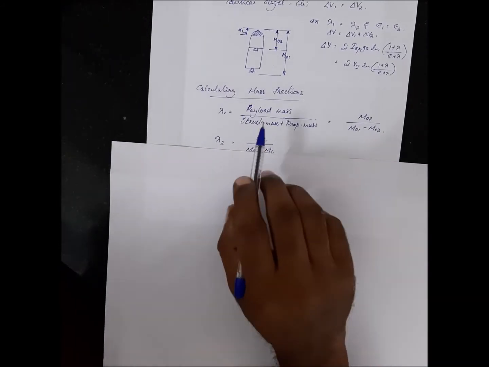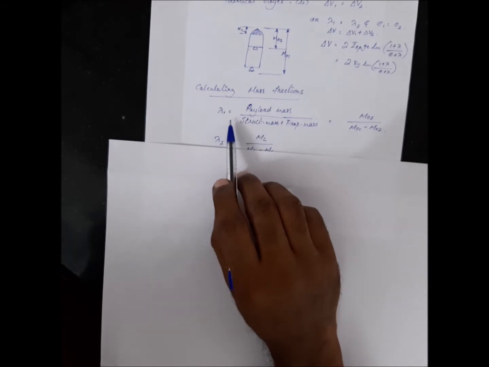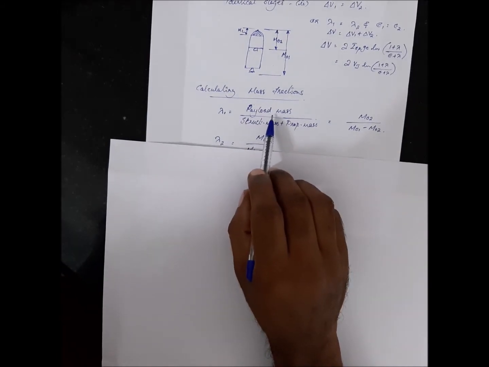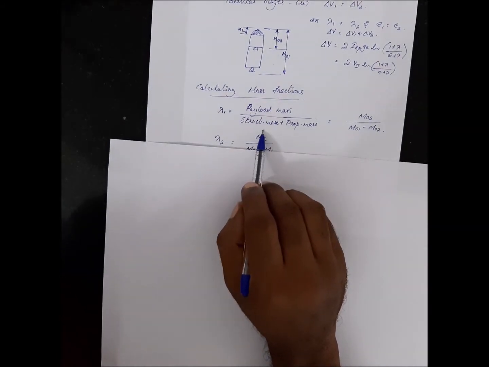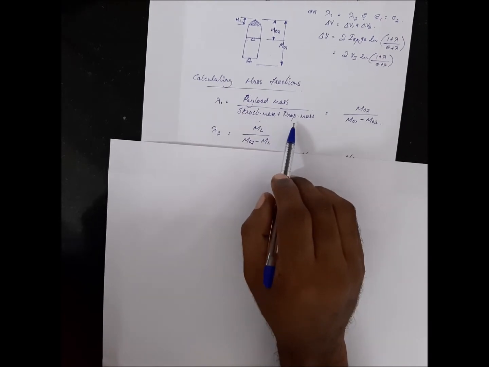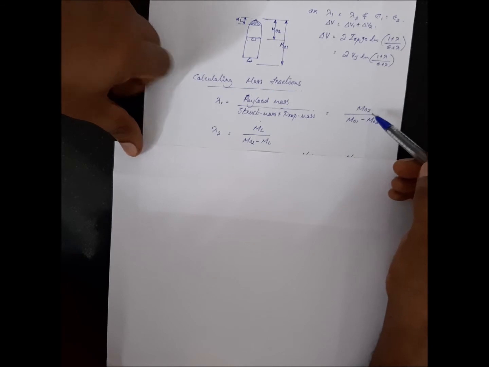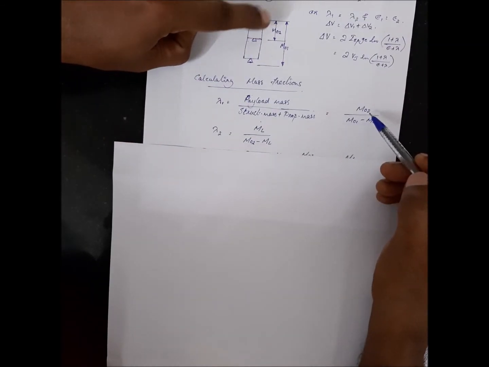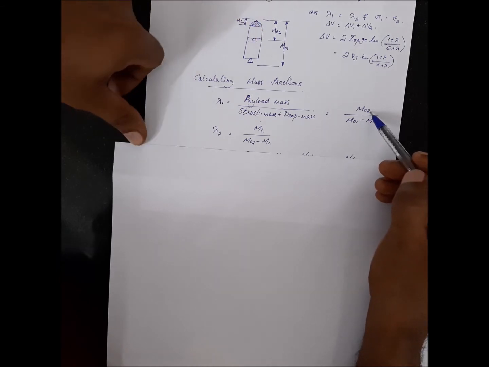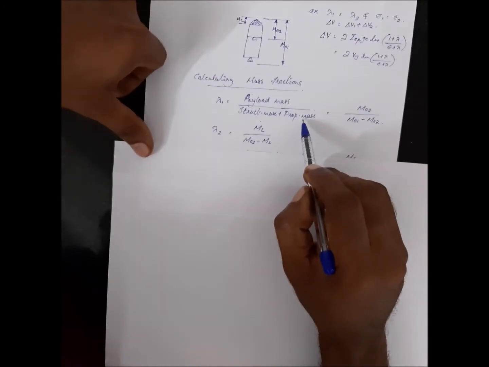So basically you have the first mass fraction, payload mass fraction. Payload mass fraction is given as payload mass divided by the structural mass plus propellant mass. Okay, payload mass, in the case of first stage, is what? The whole of the second stage mass. Okay, m02 divided by structural mass plus propellant mass.